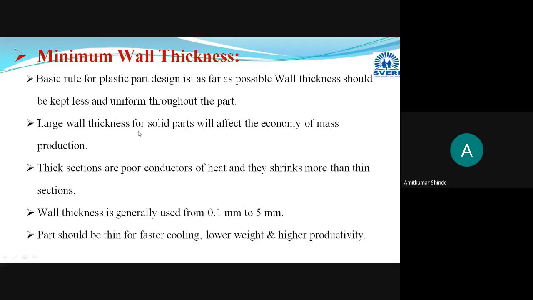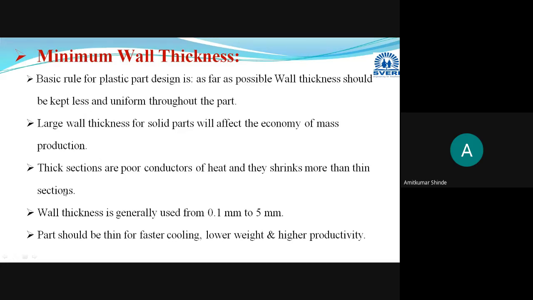Large wall thickness for a solid part will affect the economy of mass production as it takes more time. And thick sections are poor conductors of heat, and they shrink faster as compared to thinner sections, which results in warpage and sink marks. To avoid this, wall thickness should be minimum and uniform throughout.